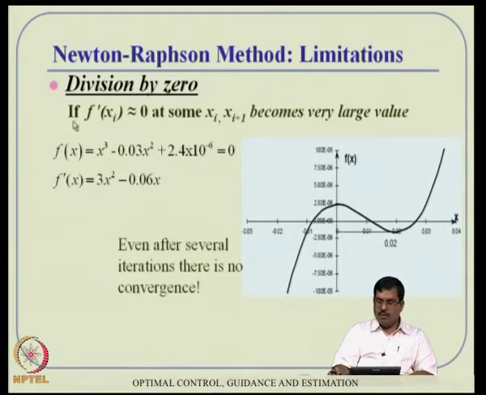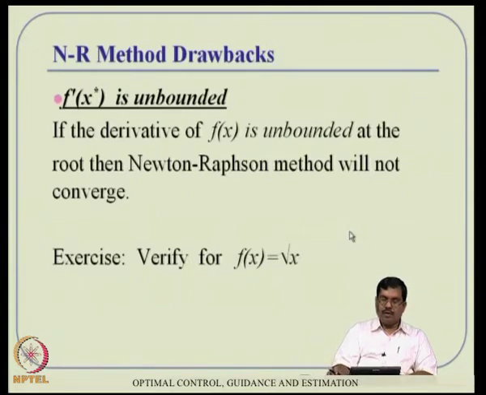Now, division by 0 is very apparent, because whenever there is a slope of 0, there is a division by 0 problem, which will not be nice either. There is another problem: if at the solution point f dash of x is not 0, but it is unbounded, that means infinity, then also there is a problem. It is very counterintuitive, but there is a problem. We can verify that with this example.